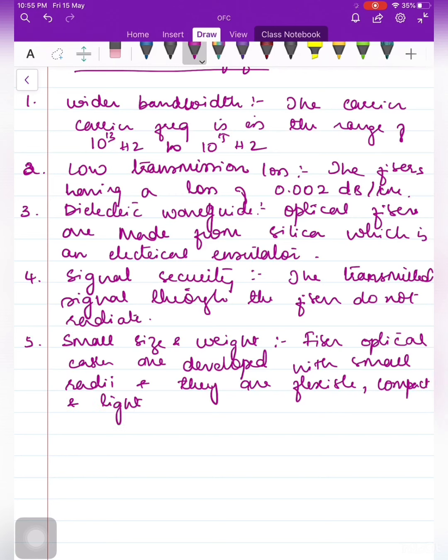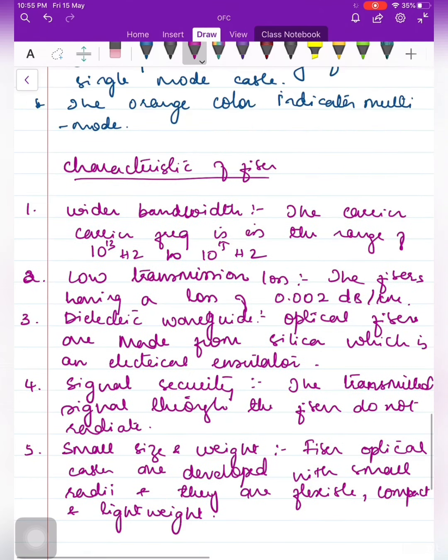This is one of the characteristics of optical fiber. The fiber cables can be bent or even twisted without causing any damage to the cable. So these were a few of the characteristics of a fiber.